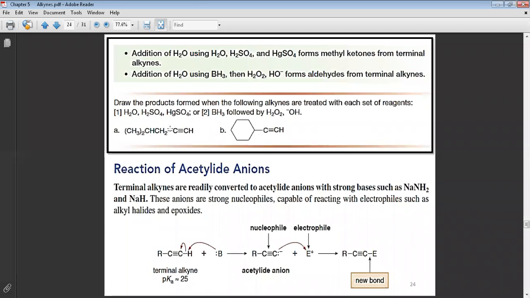One of them is hydration, one of them is hydroboration oxidation, and the second alkyne also reacts with one and with two. I want you to draw the products. How many products do we have? You have 4 products, two from this, two from this. This is homework for you.